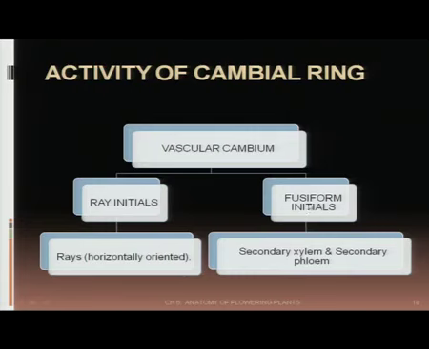However, the fusiform initials are those cells whose derivatives will give rise to secondary xylem and secondary phloem. So, vascular bundle works for both the purposes. It is going to eventually give rise to rays as well as the xylem and the phloem also.